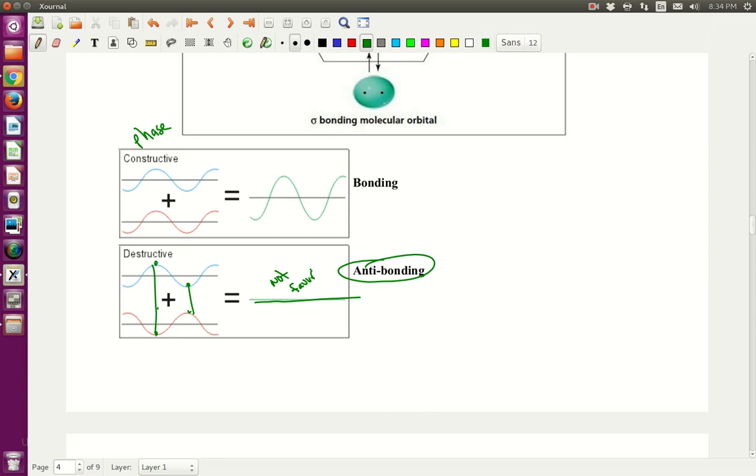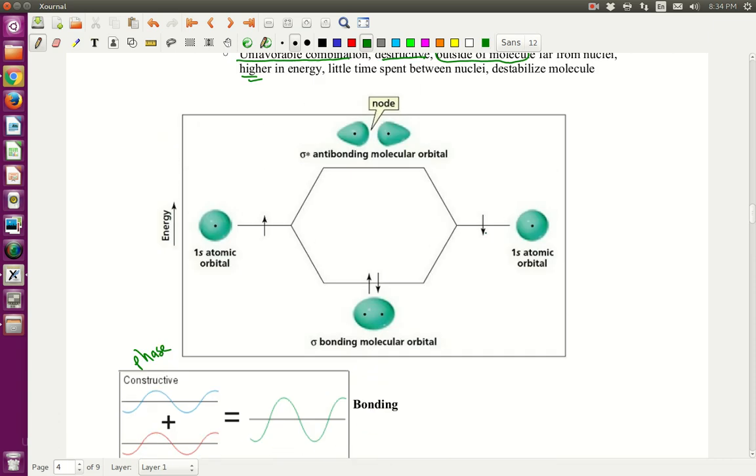So let's go back up and look. Here we go. Antibonding and bonding. And bonding, first this is the original atom A and atom B, and they come together, and if they're in phase like this, they reinforce each other, and the electrons form the bond in between the nuclei.